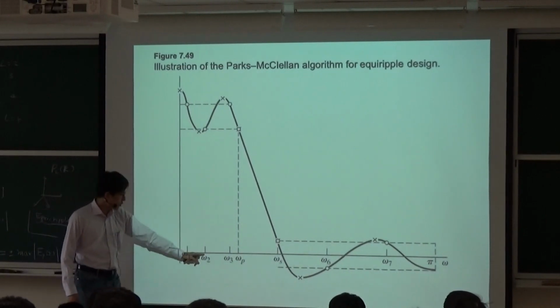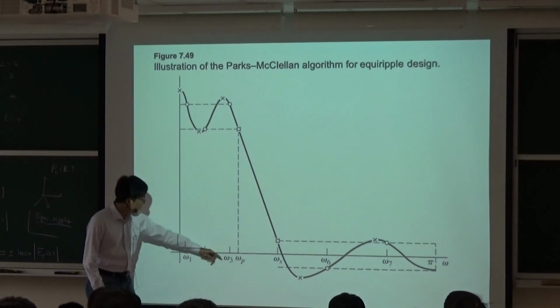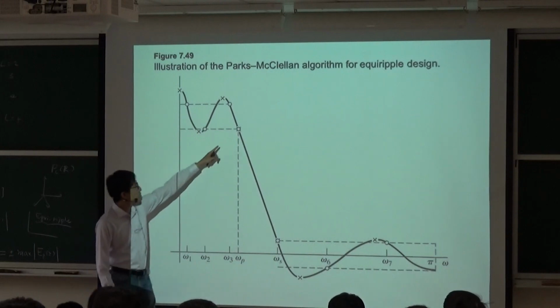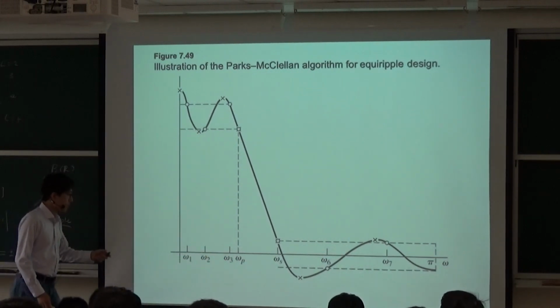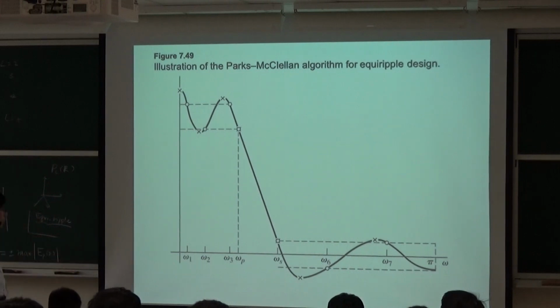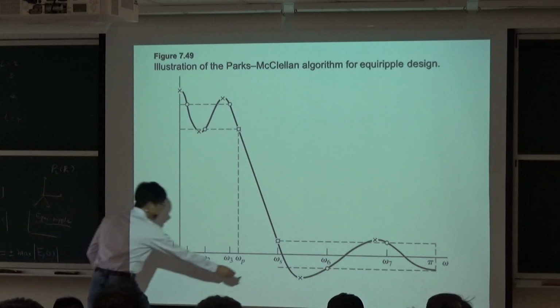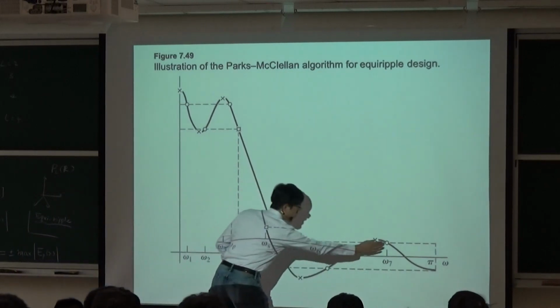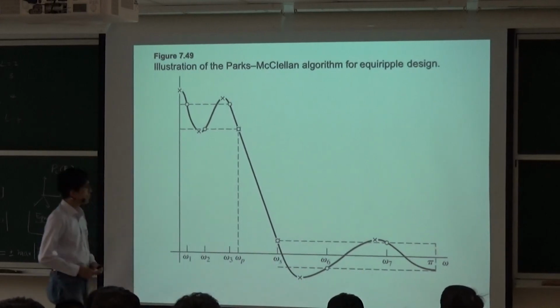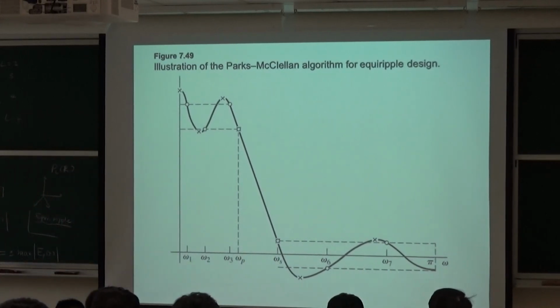And we guess omega 2, 3, and omega 4, we guess that the fourth one reaches the corner frequency for the passband. This is the omega domain, not the x domain, the low-pass design. We guess that the 5th one is the beginning frequency of the stopband, and so on, and 6 and 7. So maybe this is a design for a 5th-order polynomial, I'm not sure. The plot looks strange here.